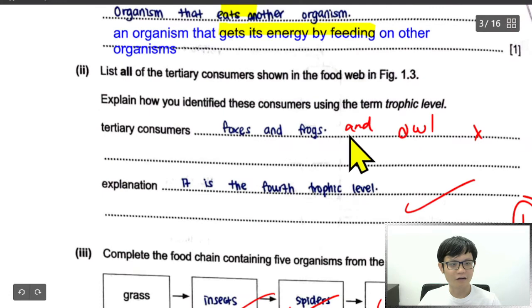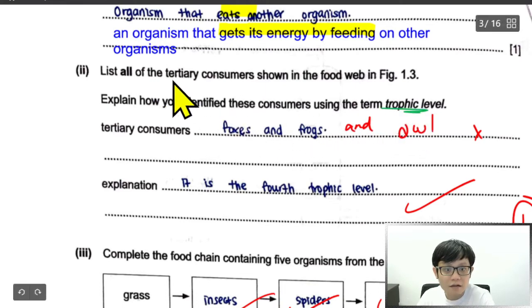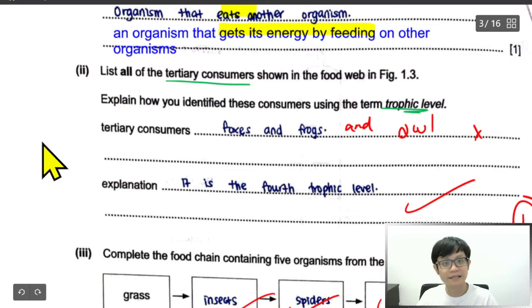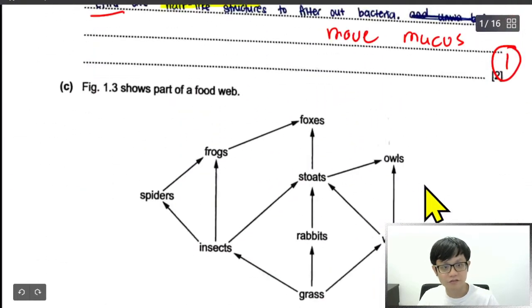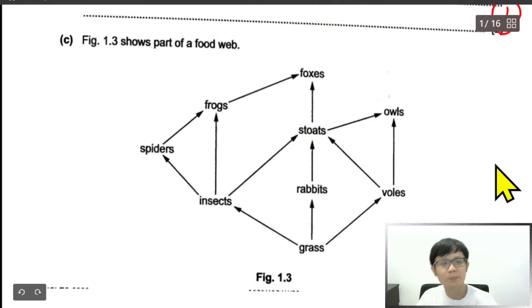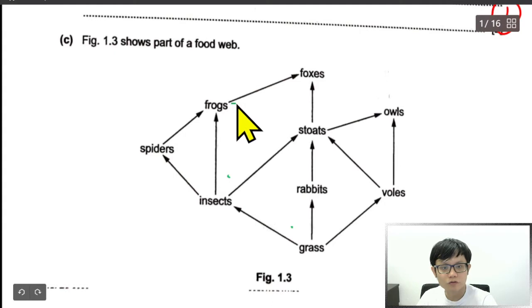Another one is owl. Let's see, tertiary consumer is number 3. Let's see the tertiary consumer for owl. Frog, correct? 1, 2, 3. So frog is number 3.